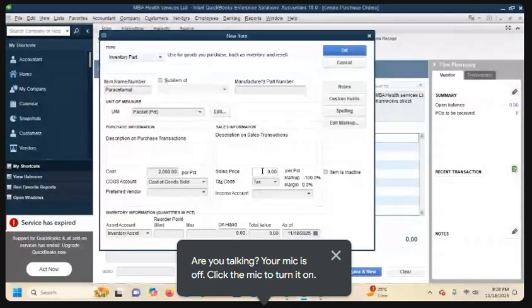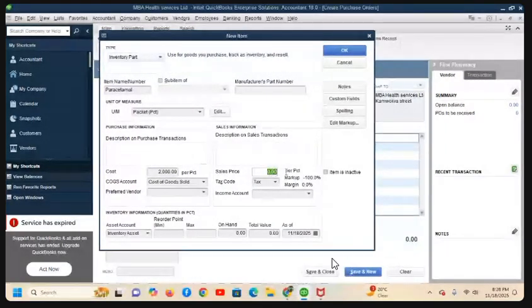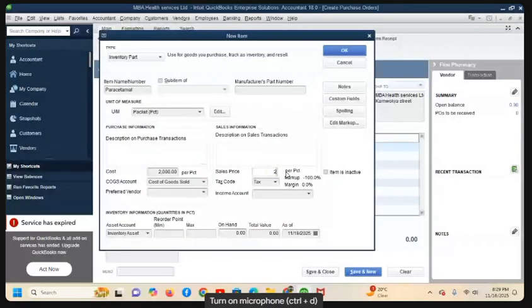Then I'm just assuming I sell it at 2,500. The system will compute the markup and the margin rates for you here, the profit margin and the markup.